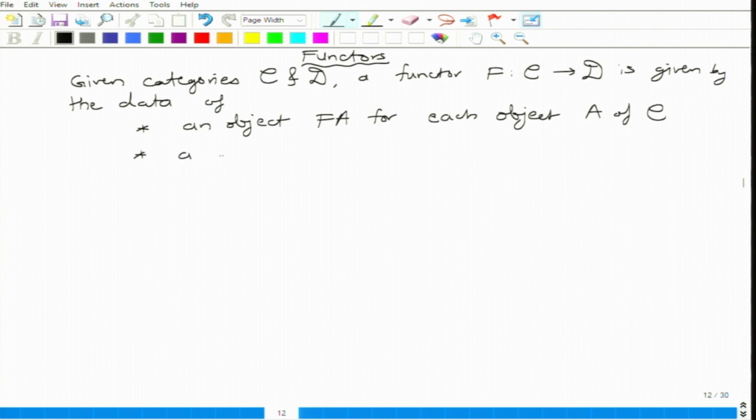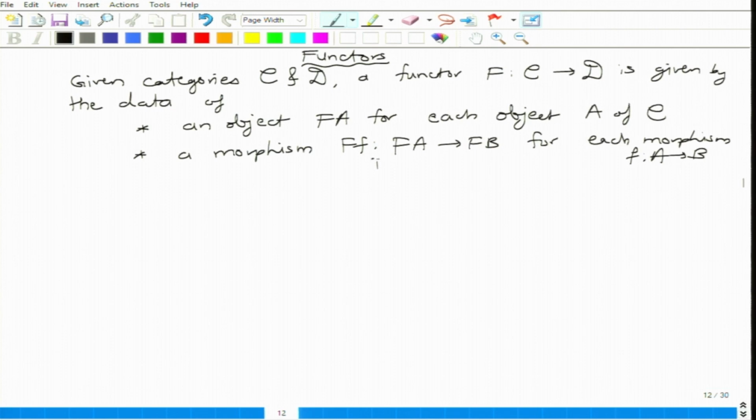Then a morphism Ff from Fa to Fb in D for each morphism f from A to B in C. So basically this is saying three different things. It's not just saying that morphisms get mapped to morphisms. It's also saying that the domain and codomain are preserved.